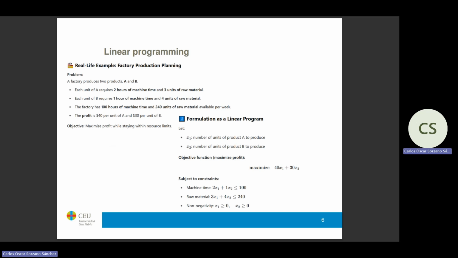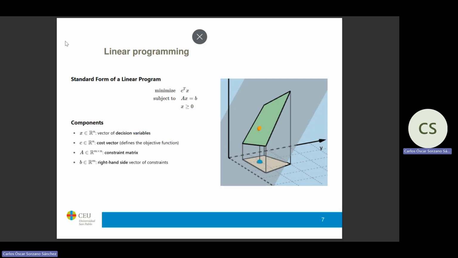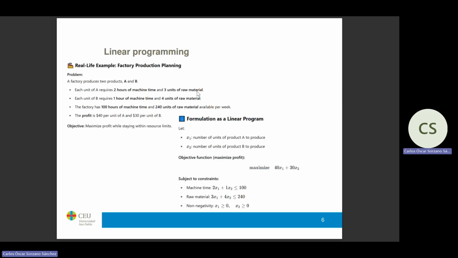So I want to minimize minus 40x1 minus 30x2. And so converting maximization to minimization is very easy. Then we have these constraints that we don't know yet for the moment how to translate into equality, but I'll show you in a moment. And this is of the form that we request for linear problems.